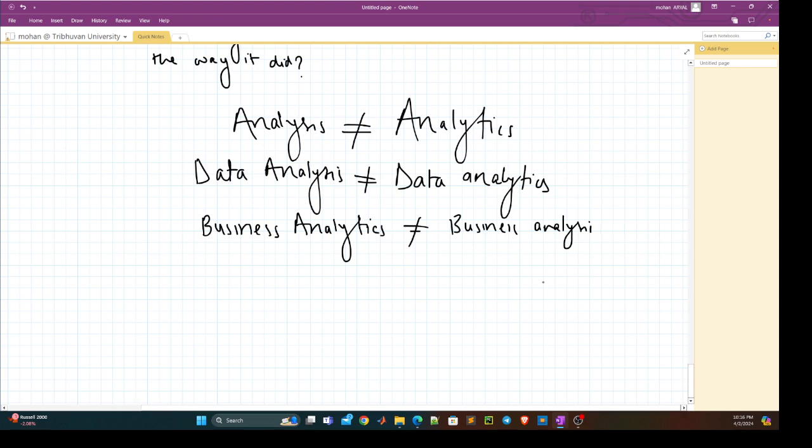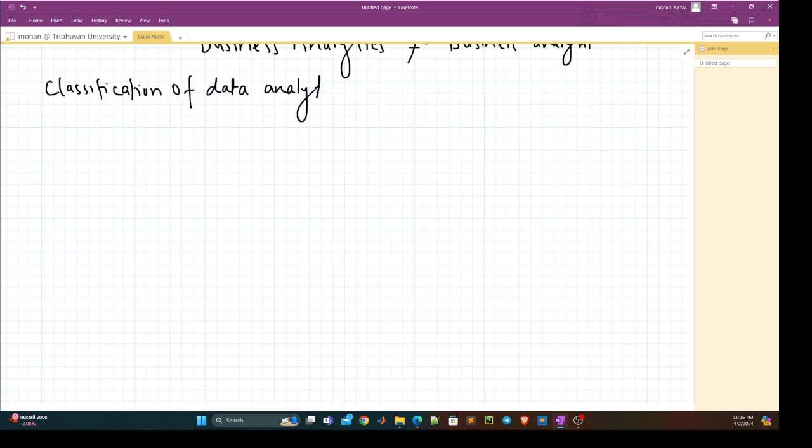Okay, now we can see the classification of data analytics.